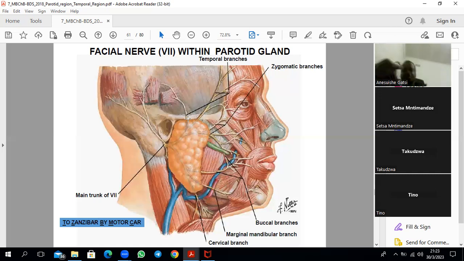When you do neck, your neck has 3 layers of deep fascia, namely investing layer of deep cervical fascia, then pretracheal, then prevertebral. Investing layer is the fascia of twos. It encloses things in twos.